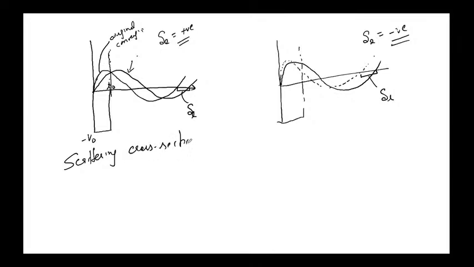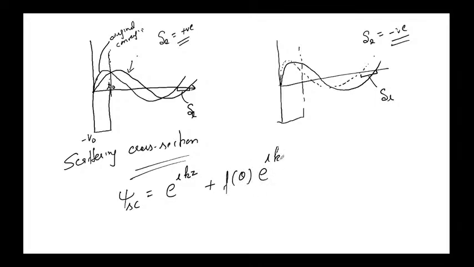So how can we calculate the scattering cross section? From the scattering wave, the psi scattered wave function is exponential of ikz plus f theta exponential of ikr over r, and from that you can calculate the scattered amplitude. That is almost the same, but with an SL coefficient, the scattering coefficient, added in the diverging wave function.